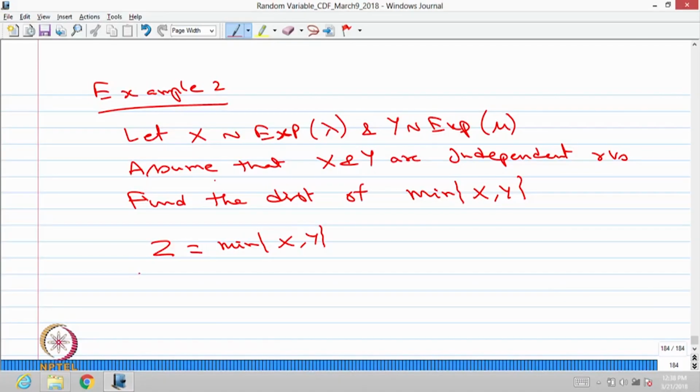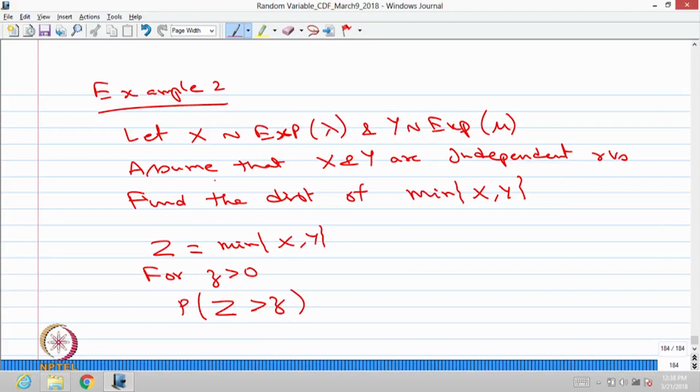By using the previous theorem, I could get the probability density function of Z directly, but I am not going to do that. I am going to find the distribution of Z in the form of the CDF. Since it is a minimum, I will go for the complement CDF. That is, for small z greater than 0, the probability that capital Z is greater than small z.